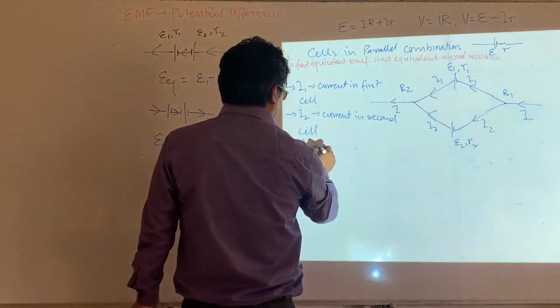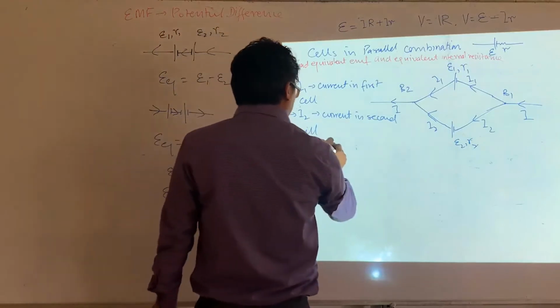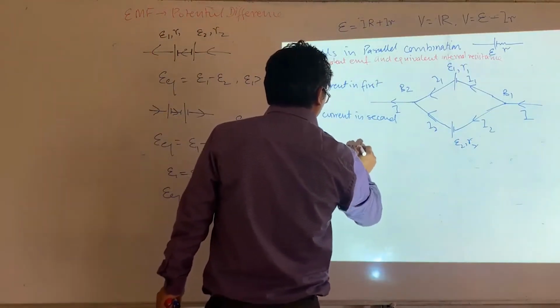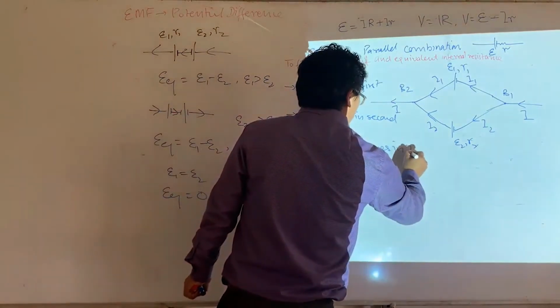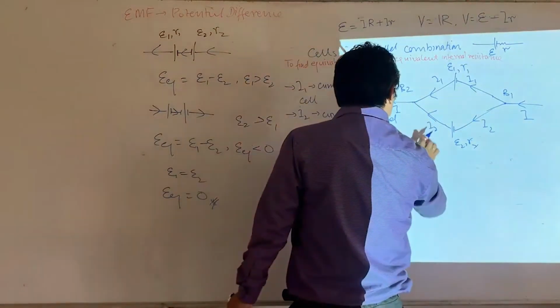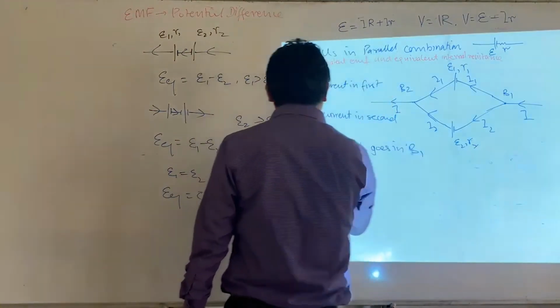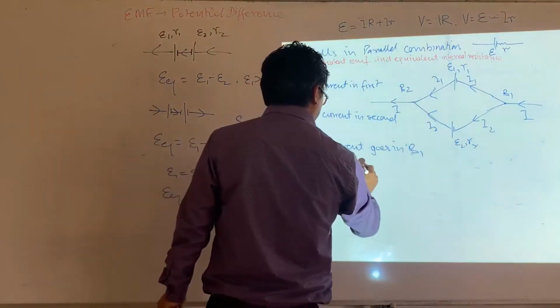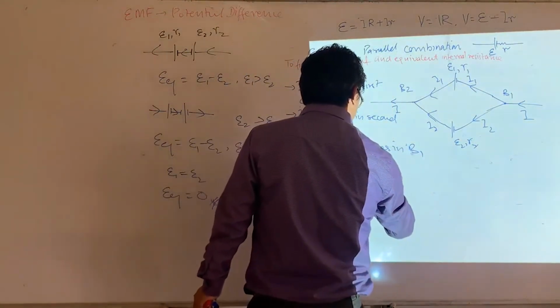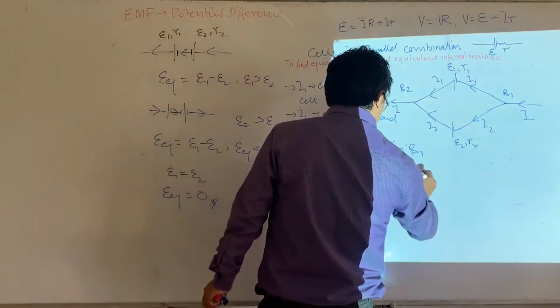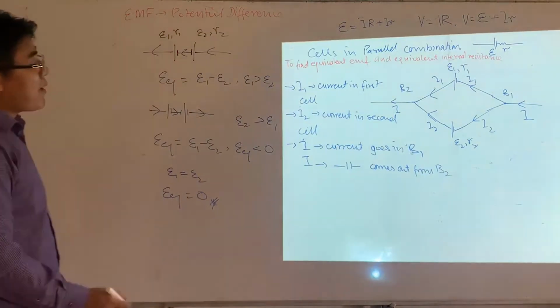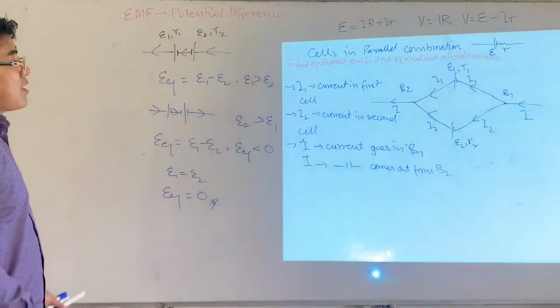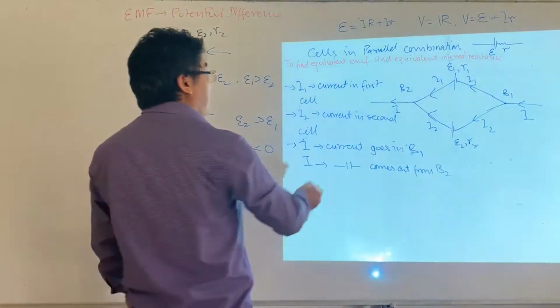And I is the total current, which goes into B1 and comes out from B2. So now what is the potential difference between B1 and B2?